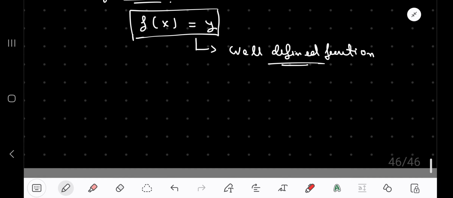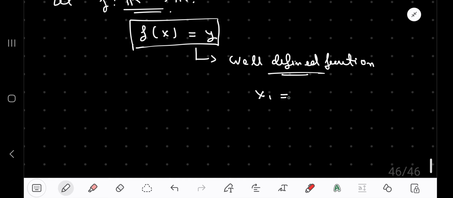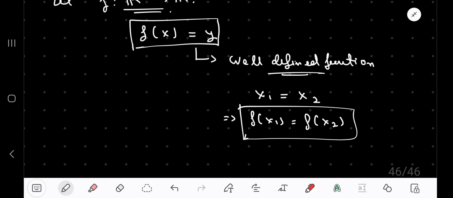A well defined function means that whenever I choose x1 equal to x2, I must have f of x1 equal to f of x2. This is what it typically means for a well defined function. That is, if I choose some value x, it cannot take two different y's. You cannot have a one to many function of that sort.